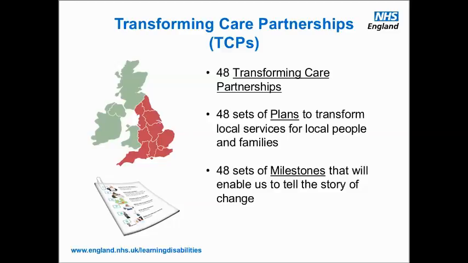And I don't think that's always been as clear as it might have been. Part of why I've been asked to talk today is that we're also looking at what specific support we can give to commissioners in Transforming Care partnerships, specifically around children and young people. So that's what I'm going to be talking about.